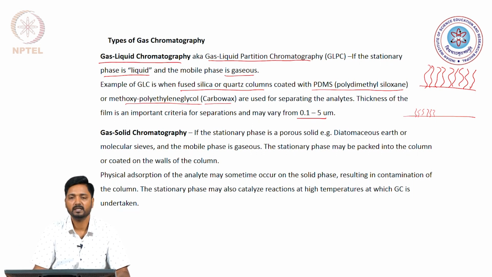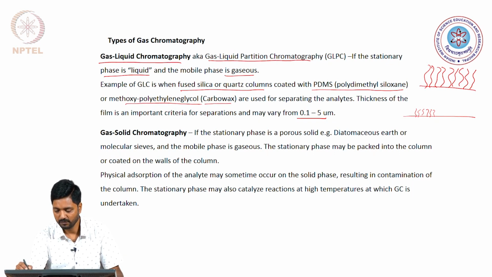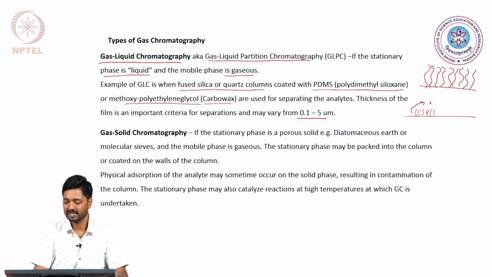If we partition our analyte through these two columns, the analyte with high vapor pressure will keep coming out of the column which has a thin layer of the stationary phase, and hence will elute out fast.